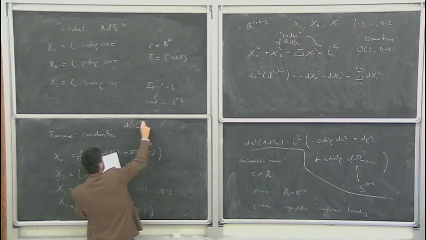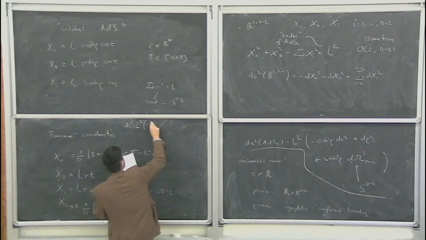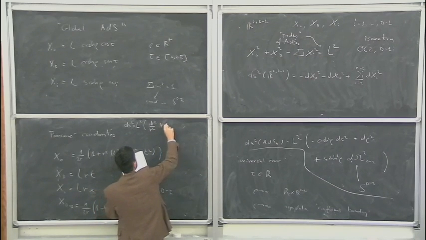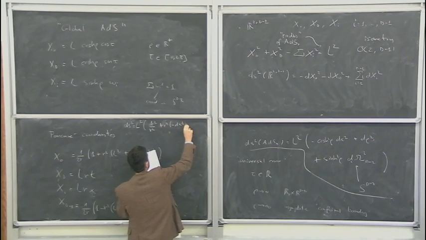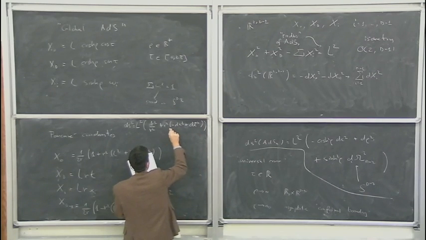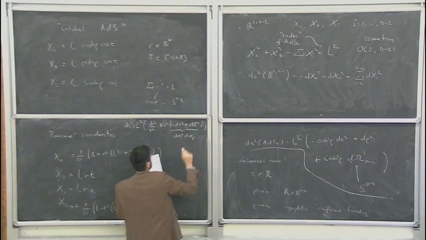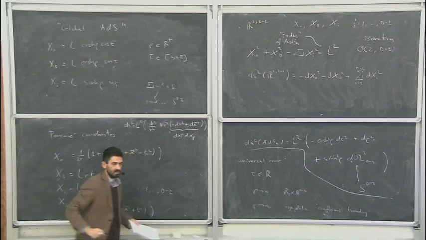You find a metric which is again one factor of L squared overall, and then you have dr squared over r squared plus r squared minus dt squared plus dx with the vector on top squared. Okay, and these we can also write commonly in this notation as just a flat metric on a Minkowski space.